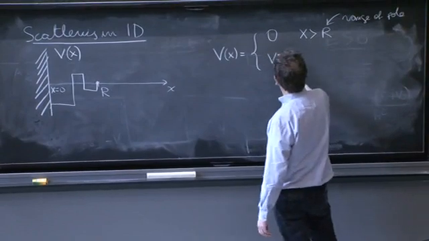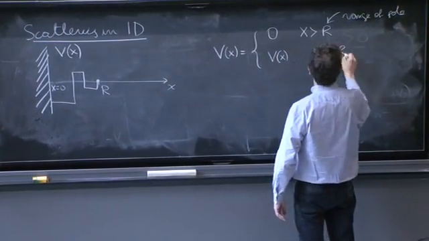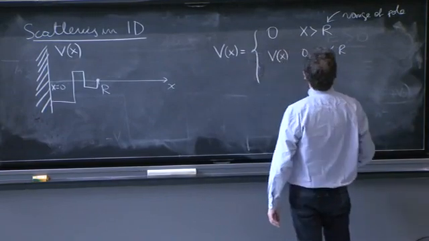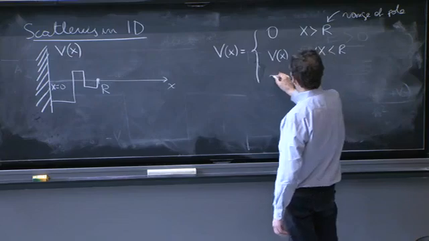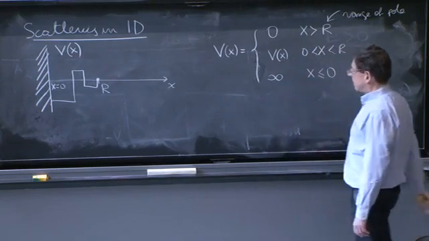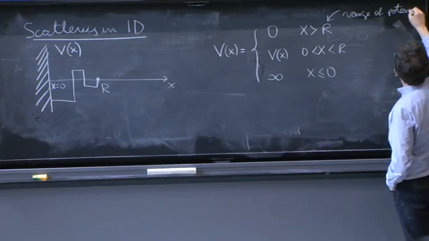It will be some function v of x for x in between r and 0. And it will be infinity for x less or equal than 0. This is your potential. It's a potential of range r.